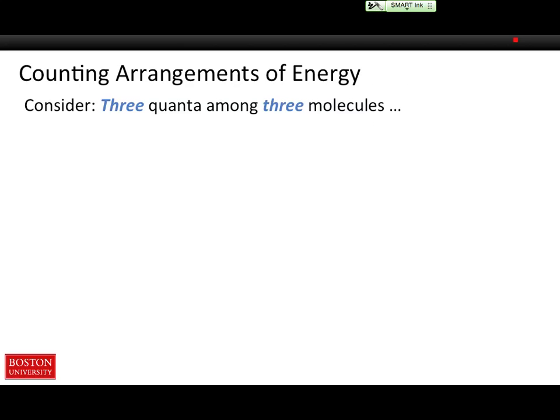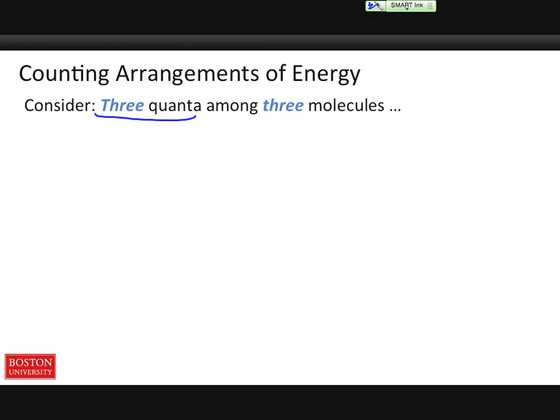For energy, things get a little bit more difficult. So in energy, we are arranging quanta, which are units of energy, amongst molecules. And the difference here is, unlike a lattice, where each cell in the lattice can hold only one particle, one molecule or one particle can have as many quanta as it wants. It could have 1 quantum, 2 quanta, 3 quanta.